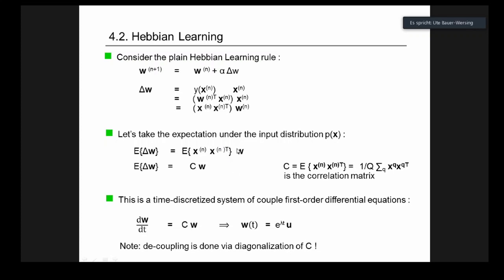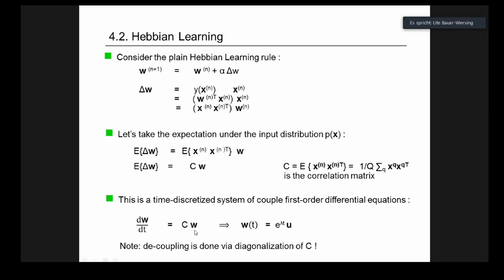These are coupled differential equations, so we can reformulate this as coupled first order differential equations. The change of the weights per time is equal to this correlation matrix C times W.